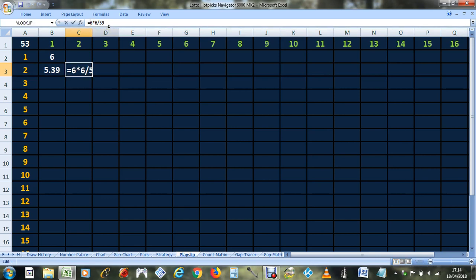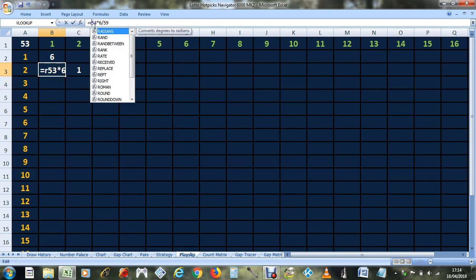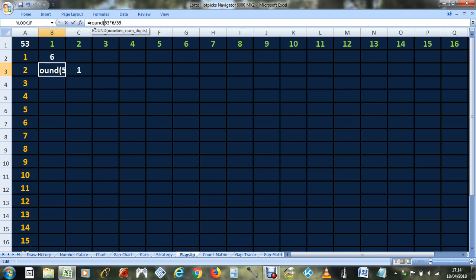Now, if we round these numbers off to the nearest whole number, then the laws of averages show us that we're going to have 5 numbers in this square and 1 in this square.